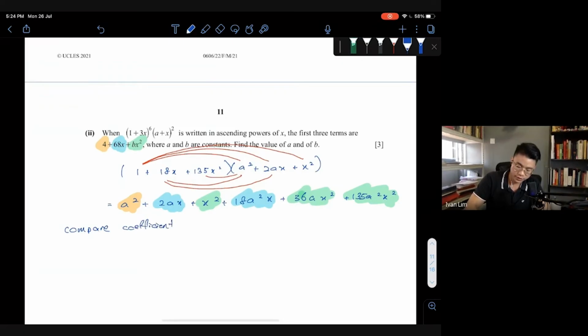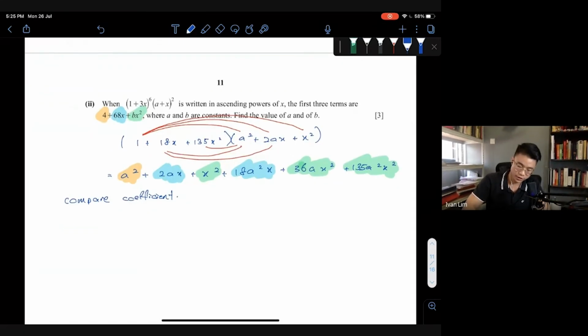What I normally write down, and I taught you all before, just write x to the power 0: a squared equals 4 times 1, so a equals plus or minus 2.